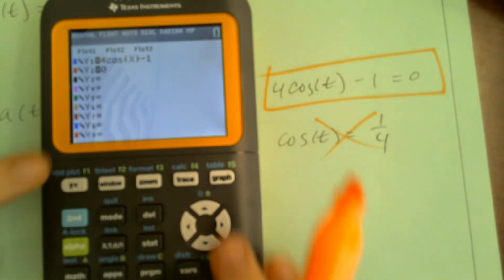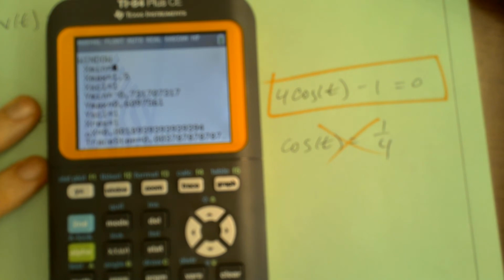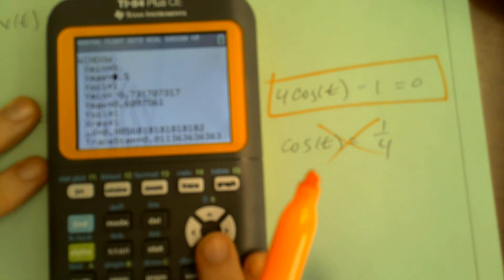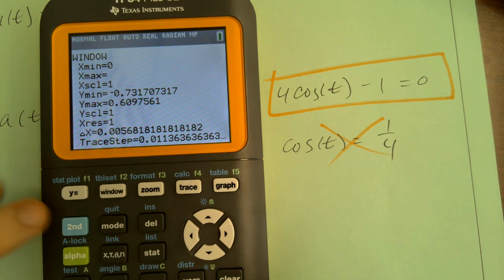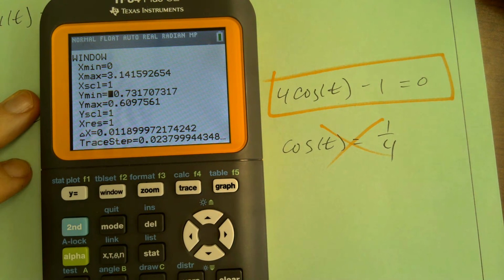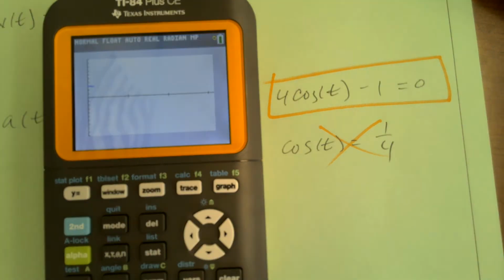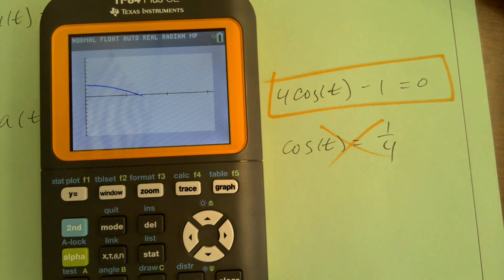The t's we're looking for are on that window. So you go to the window, x min 0, x max pi. You just type in pi. And then y min, I'll do -10 to 10. Please only be 1. Yes, perfect. There's only 1.